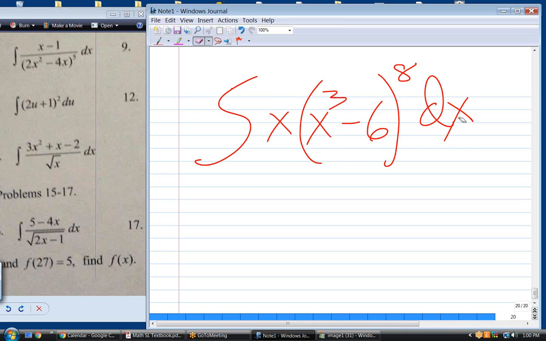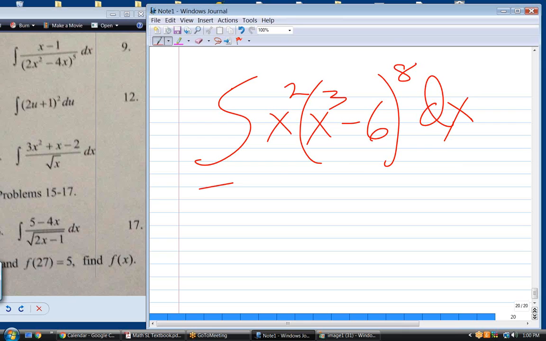The only way you can use U substitution on this problem is if the derivative of the inside, the power on the x, is the same as what's being multiplied. So I told the student to change the problem to that and go back and tell the teacher that she made a mistake and that this is what the problem should have been. Sure enough, he did that and she said, "You're right."